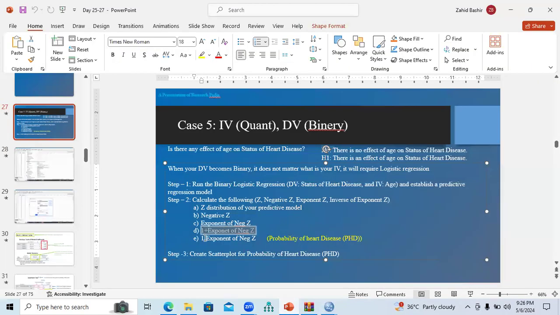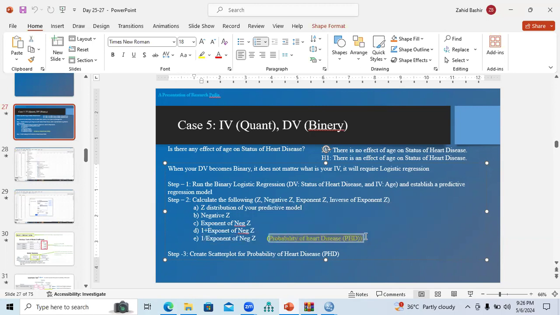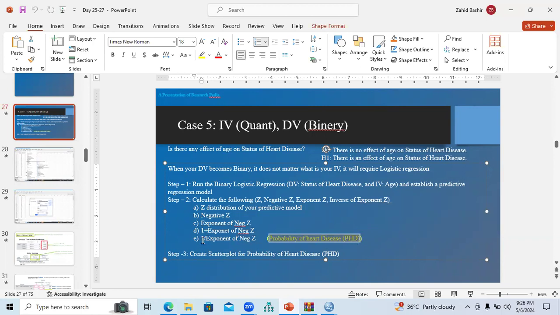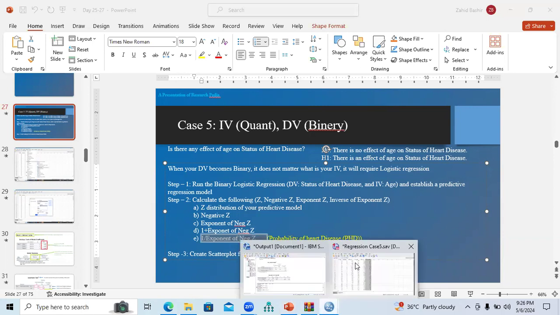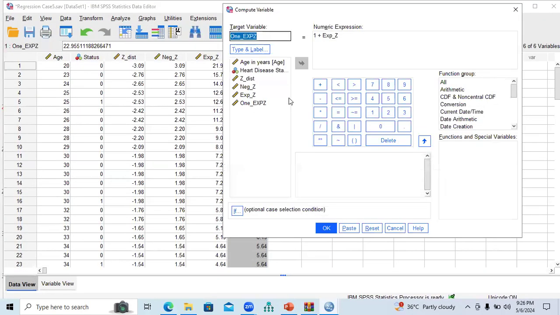Now, the last thing that you can do is to generate the probability of having heart disease. How can we generate it? We divide 1 by 1 plus exponent of negative z. So go to Transform, Compute, Reset.